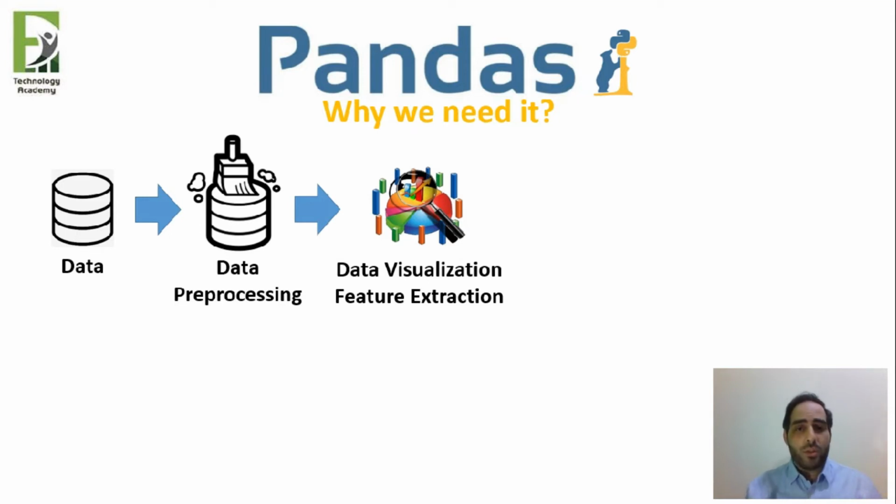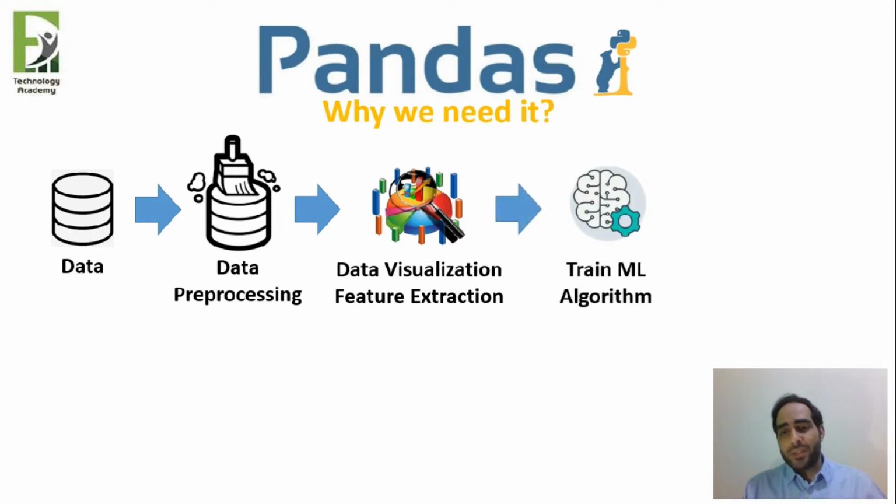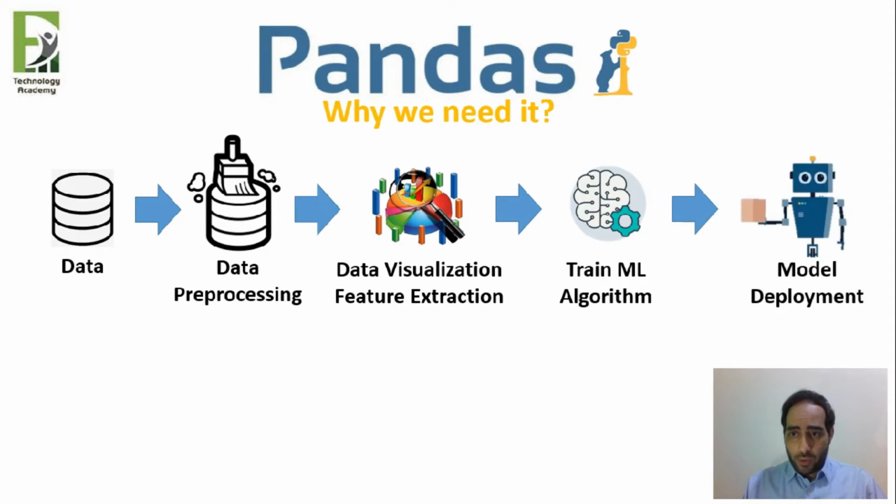To do that, we need to do a lot of data visualization, and after that we are going to feed the data into a certain machine learning algorithm, and the algorithm will learn the patterns from the data. Then after that we are going to do model deployment, so that the user will be able to start using it, or maybe you will start taking advantage of your model by deploying it based on your requirement.